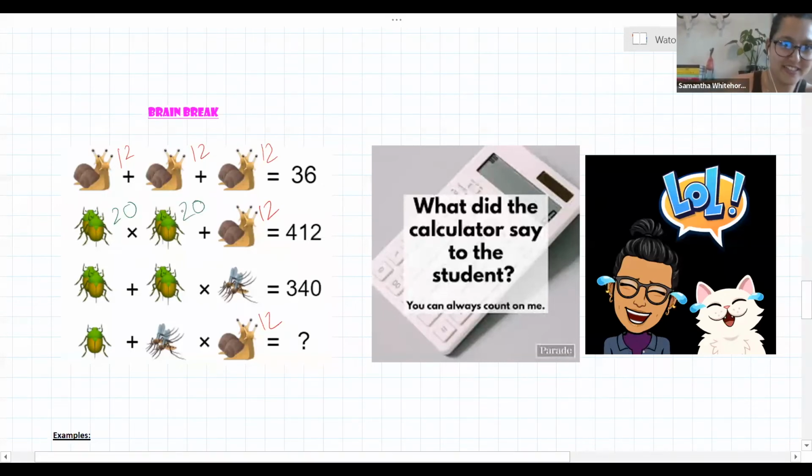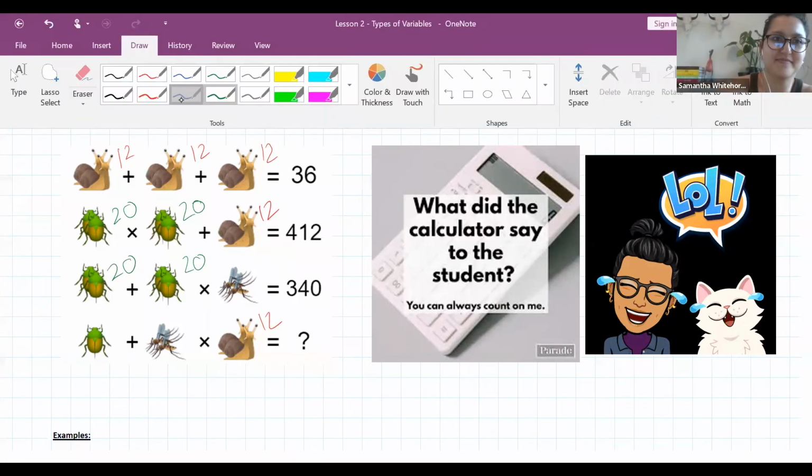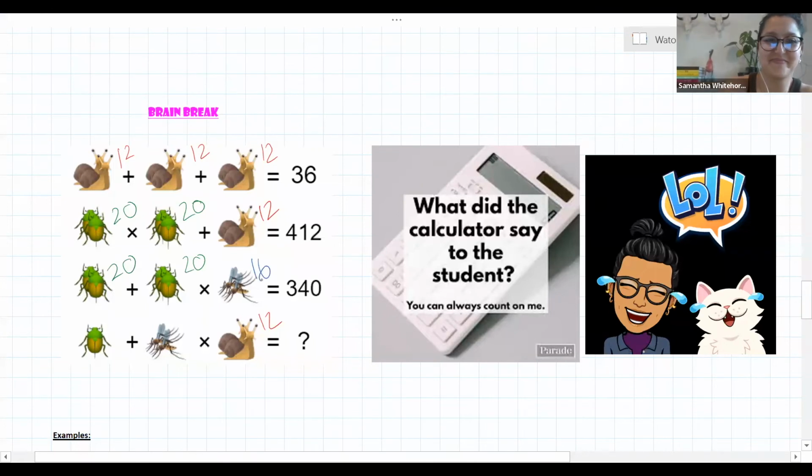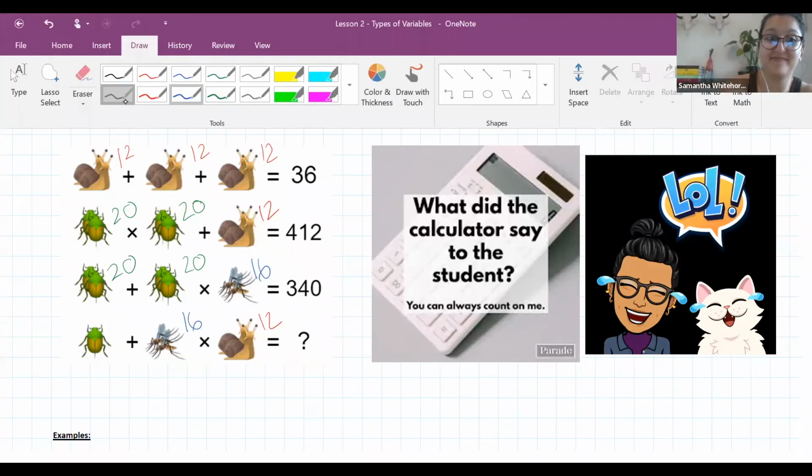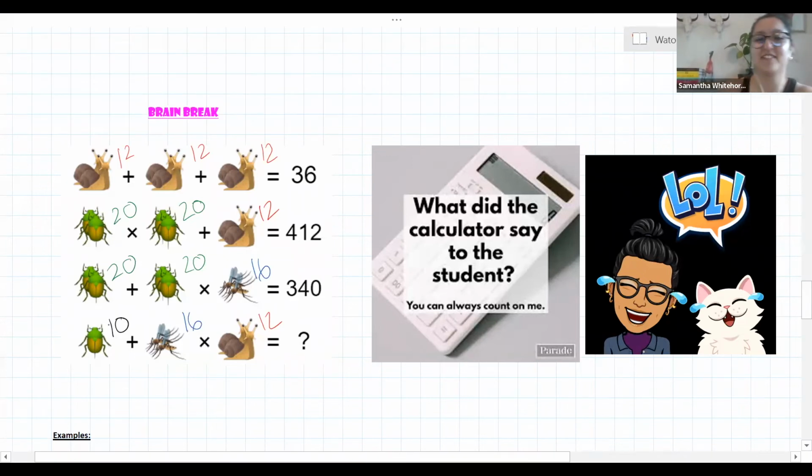Then I used 20 plus 20 times 16, which gave me 340. Then for the final sum, there was only one bug, so I divided 20 by 2. So I got 10 plus 16 times 12, which gave me 202. Excellent. Well done, we nailed it.